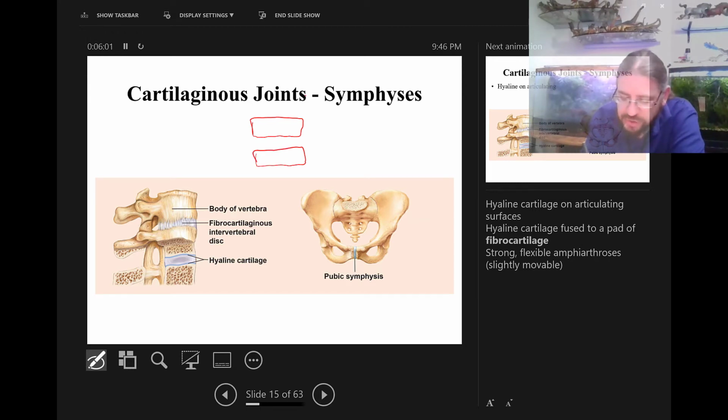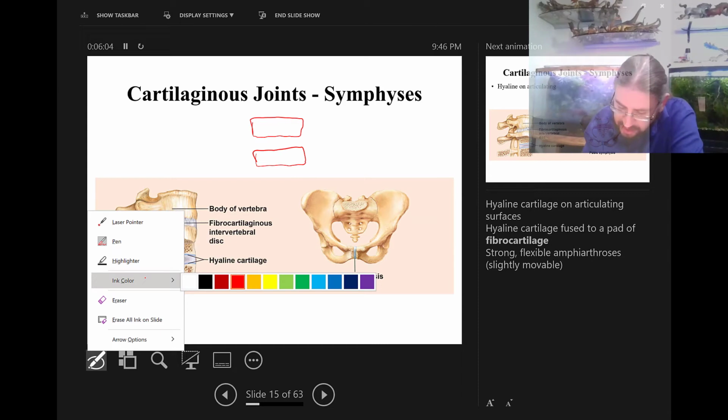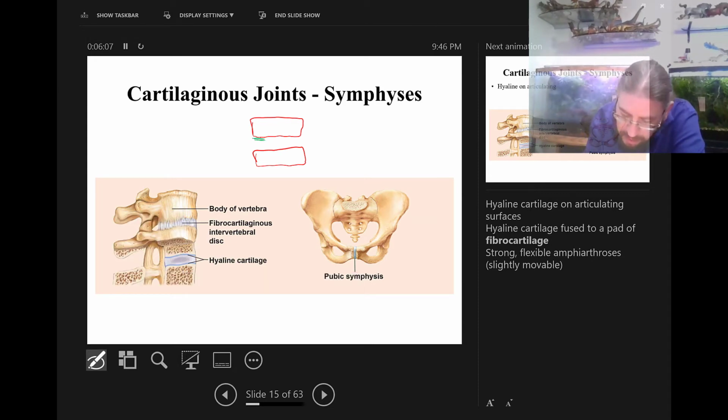So we have two bones making an articulation. And we have a nice little layer of hyaline cartilage sealed up against the vertebra. So there's our hyaline cartilage. And then we have that fibrocartilage disc. And this is all thoroughly sealed together, so it's all sealed together into sort of one unit.